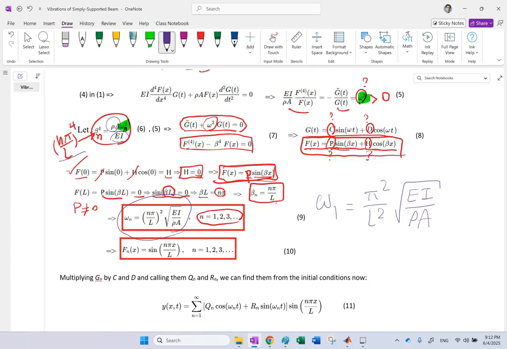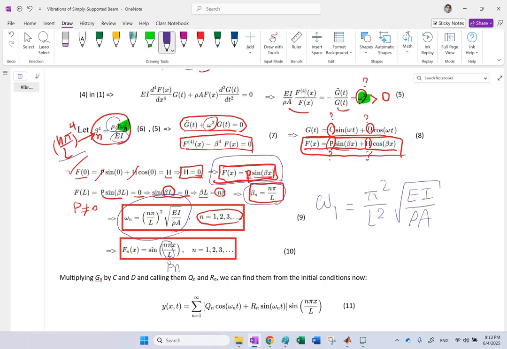Then, if that's the case, the Fn of x is, of course, because remember f of x is now this guy, of the shape sine of beta n x. And beta n, remember, is n pi over L. So here, this is that beta n. Remember, your solution is sine of beta x, so sine of beta n x is the nth solution for f of x.